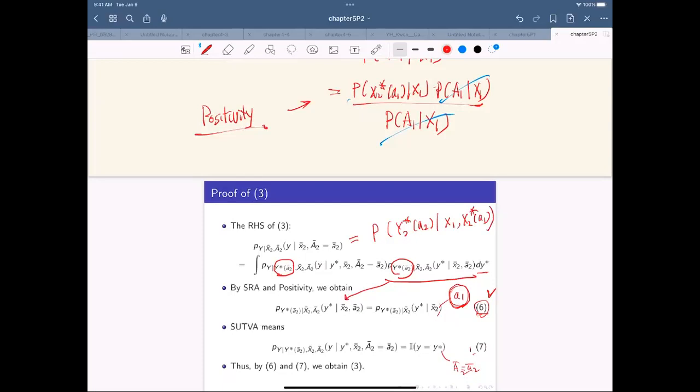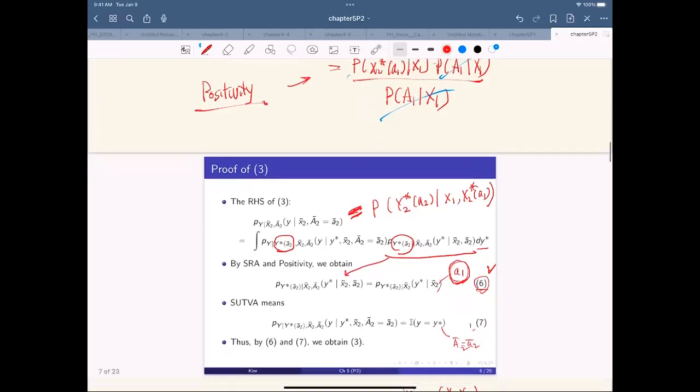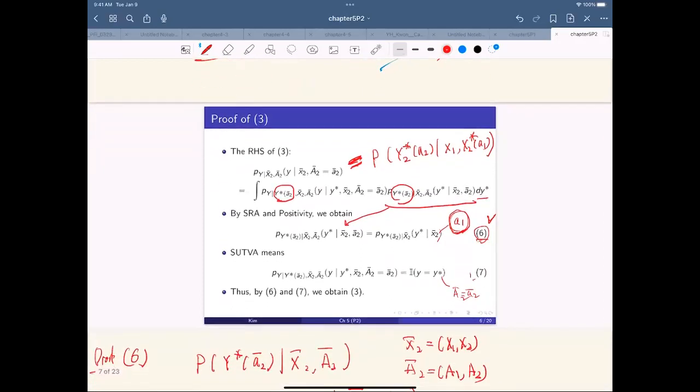The notation is a little bit off. This is what we really want to show. And I'm not sure whether we need one more step to complete the proof.